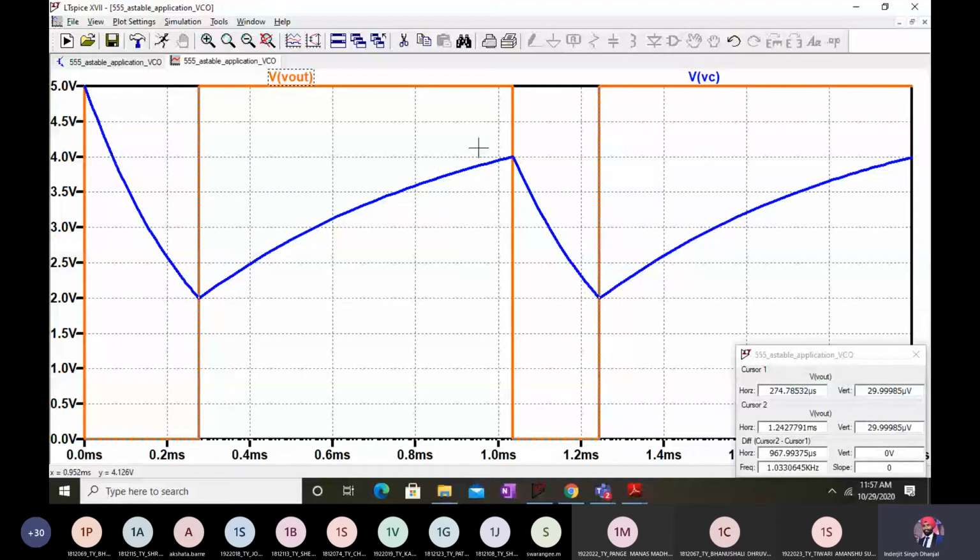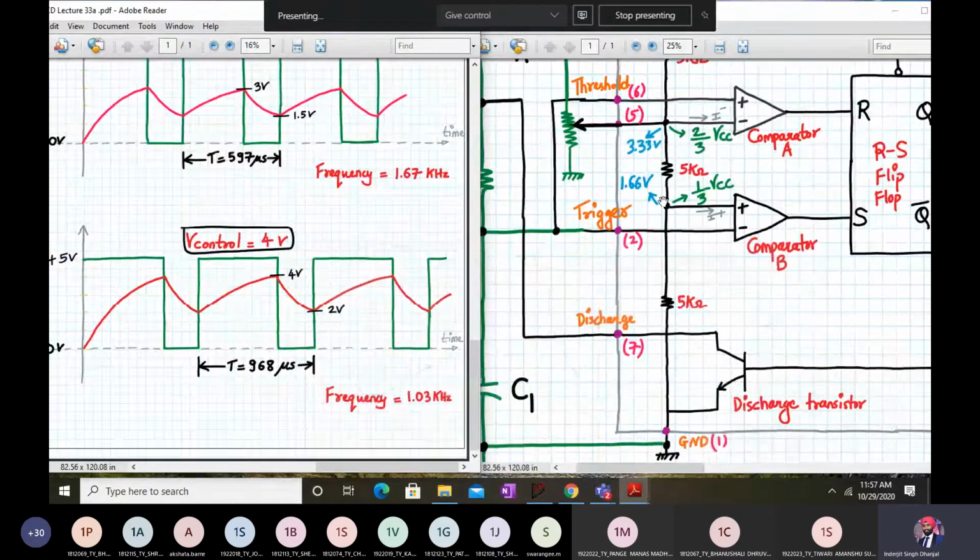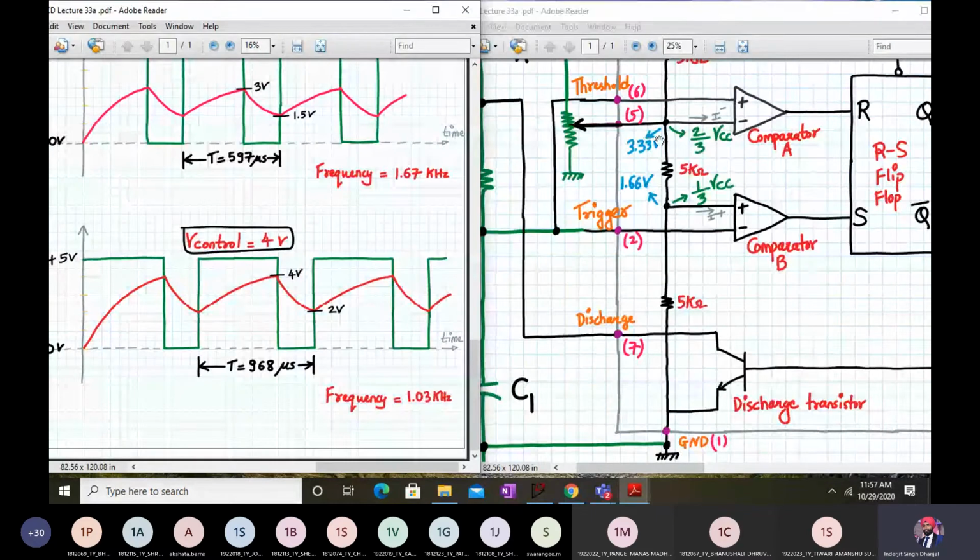The capacitor voltage is charging and discharging between the limits of 4 volt and 2 volt. I hope this point is clear, why it is 4 and why it is 2 volt: because it is a voltage divider and equal resistances are used. So if you apply 4 volts at the top, you will get 2 volts here. Accordingly, the entire functioning will take place in astable mode.